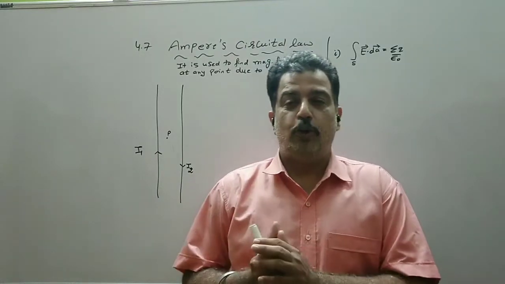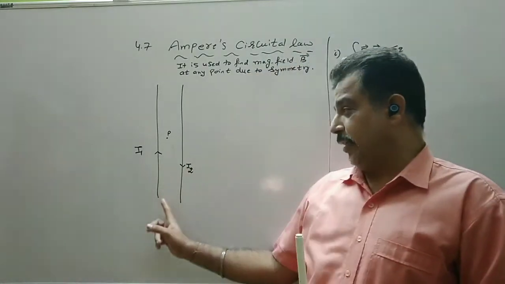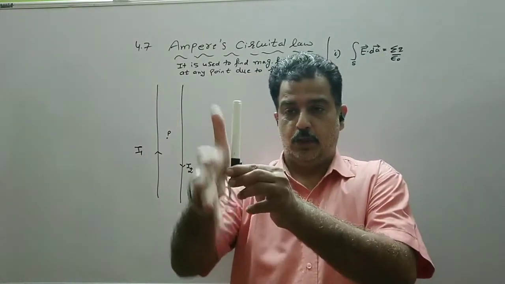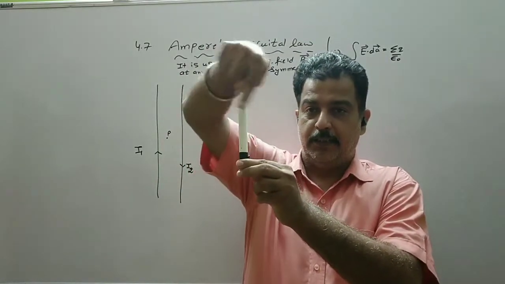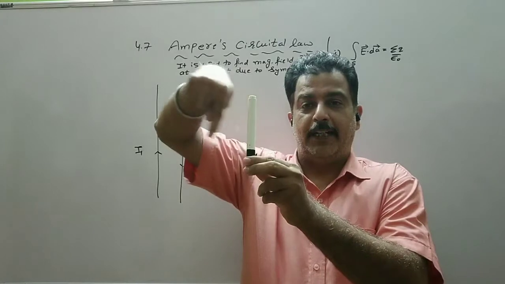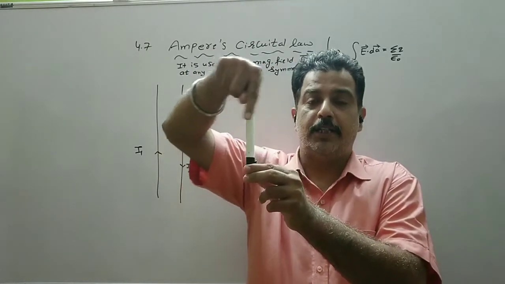Now if I want to find out the direction, it will be very easy to find out the direction. Here the current is going up. So thumb rule, it will be like this, circle. So magnetic field lines are formed, and you should know that it form concentric circles.